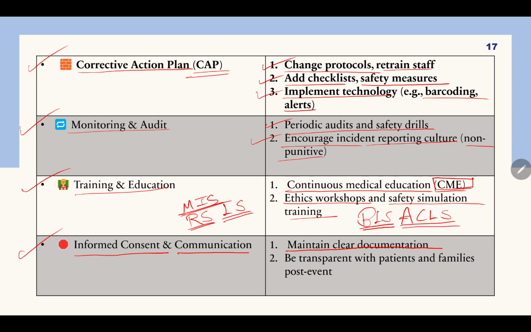If you have signatures of the patient and the doctor as well, you have proper clear documentation of the thing. Also, it is important to be transparent with the patients and families after the event. Like if you have to break very sad news to the patient's family, you have to be transparent with the patient and the family, and it is very important for you as a doctor.